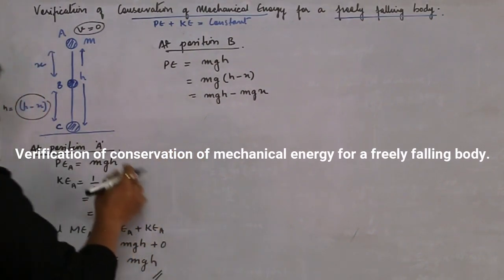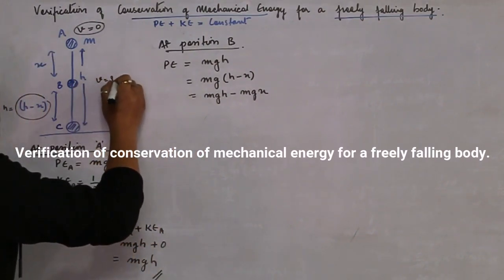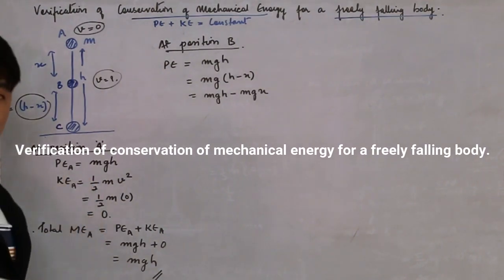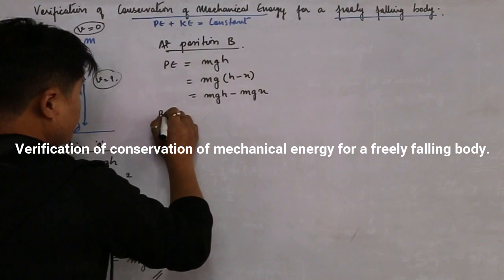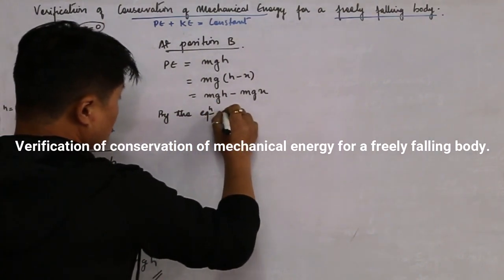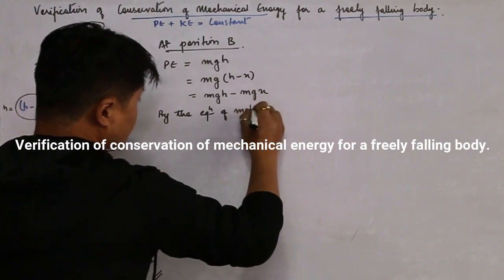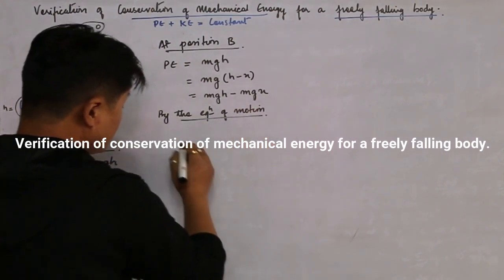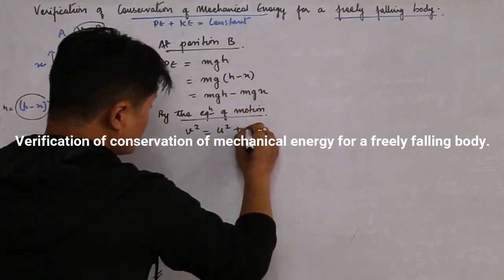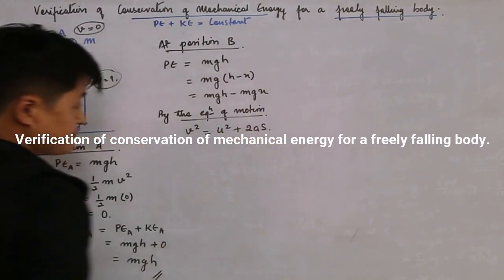For finding the velocity, we have to use the third equation of motion: v square is equal to u square plus 2as.